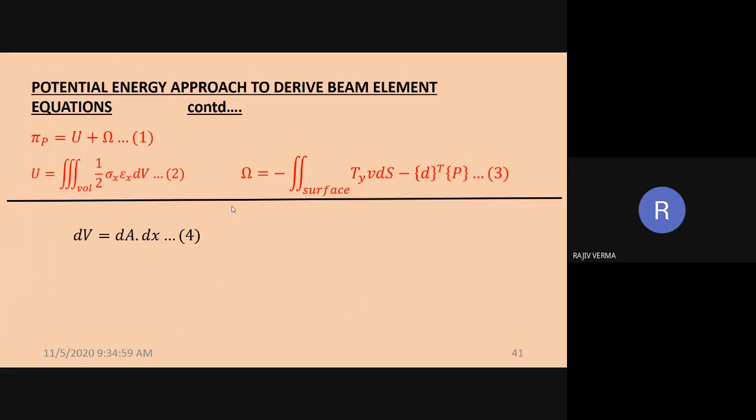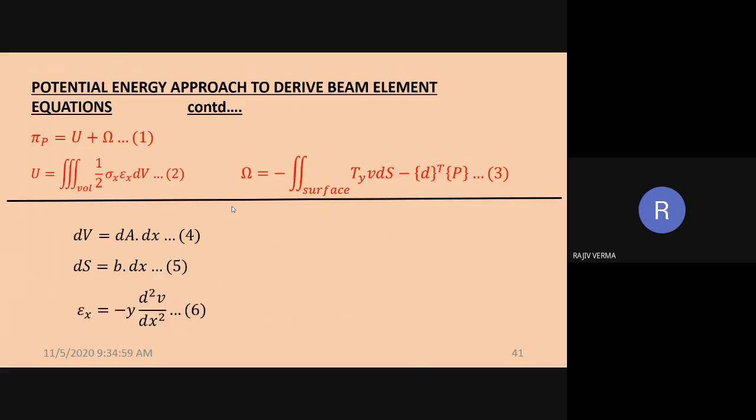This is equation number 4. Similarly, the surface area has also been simplified as ds is equal to b multiplied by dx, where b happens to be the width of the beam. Since stresses and strains are not varying along the depth of the beam element, this gives us equation number 5.